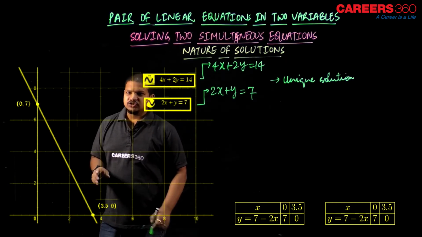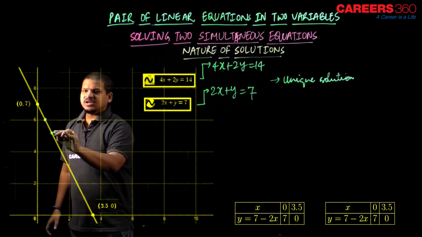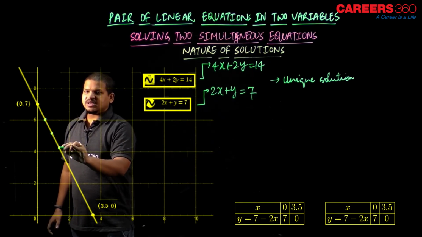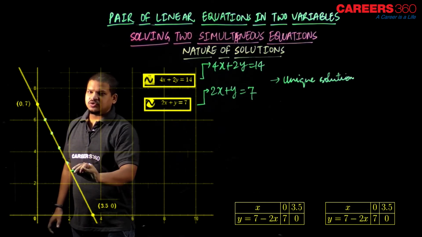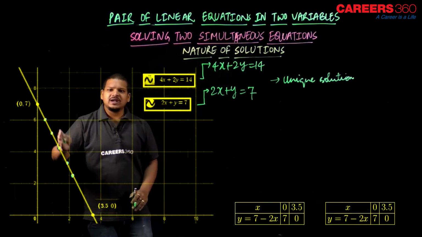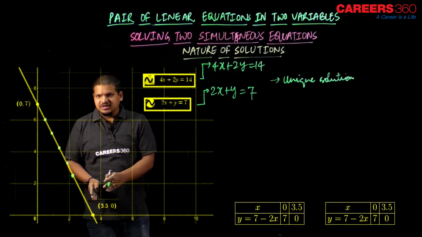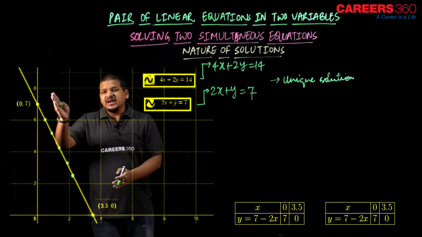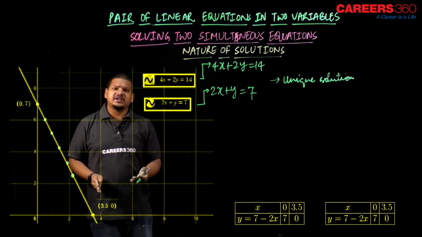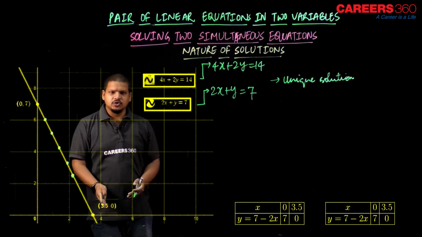If I talk about the solutions, then at this point there is one solution, there is another solution, and another, and another. Since these lines are overlapping each other, I can say these lines are intersecting each other infinite times, right? And that is why I am getting an infinite number of solutions.